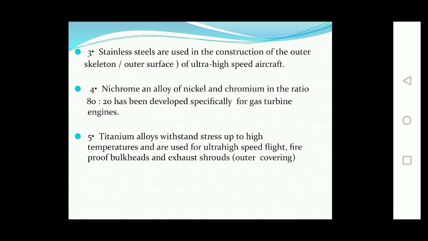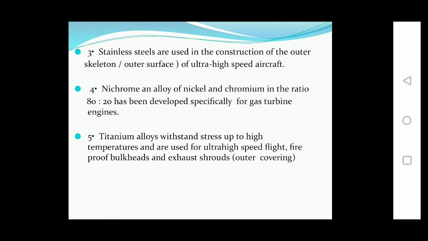You know, exhaust chimneys, those from where unwanted gases are released in air. So hence, this outer covering of these chimneys, that is called a shroud, it should be made up of high temperature resistant alloy, and that is titanium alloy. So these are some alloys and their uses.